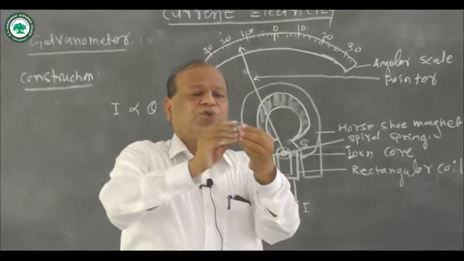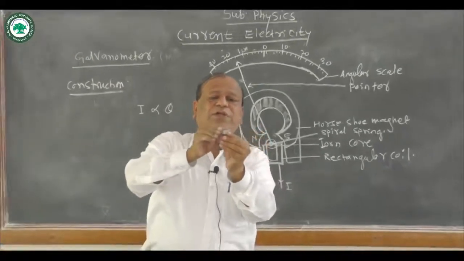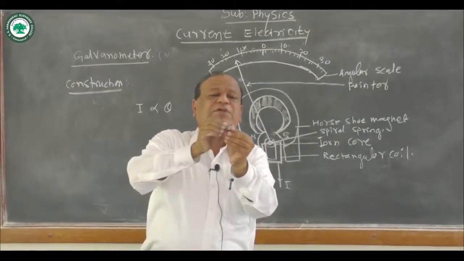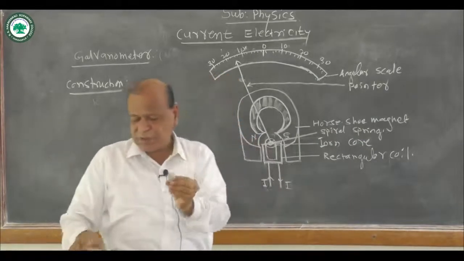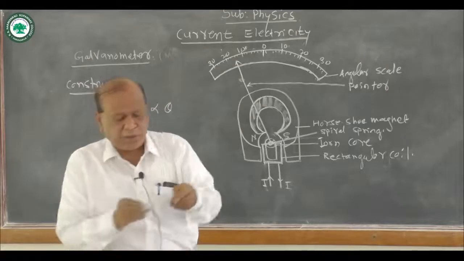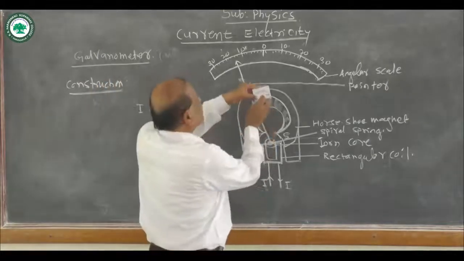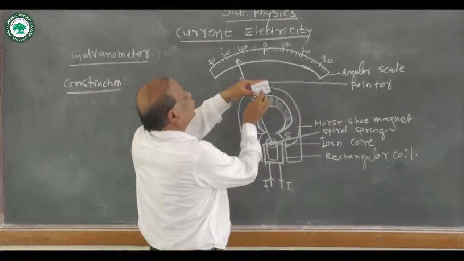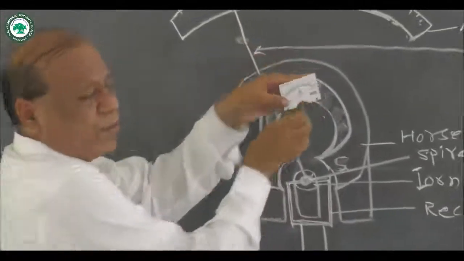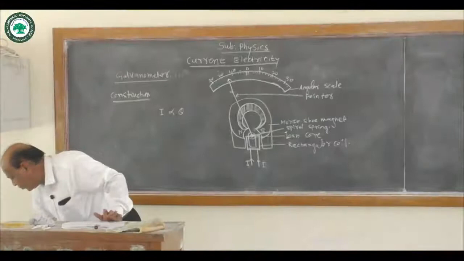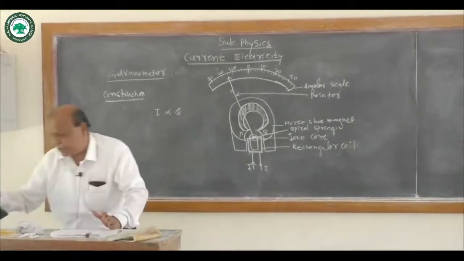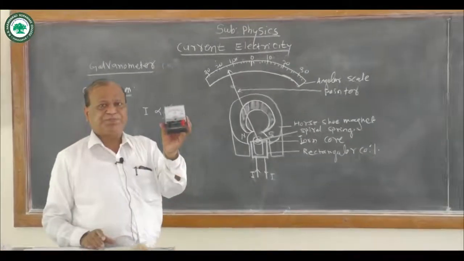If current flows through this galvanometer, this coil rotates and then the pointer shows what deflection is produced in this galvanometer. Okay, actually the galvanometer is shown like this one.